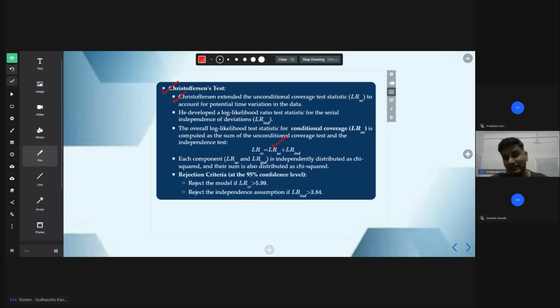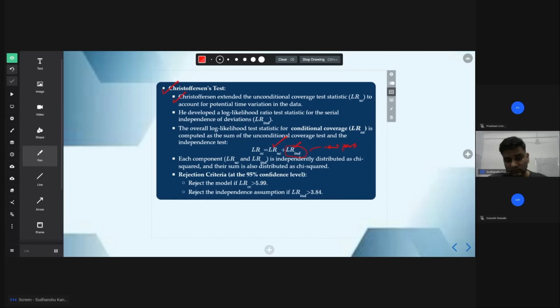Then he added LRIND, the likelihood ratio for independence, which was the new part. Then he combined them into one overall test: LRCC equals LRUC plus LRIND.